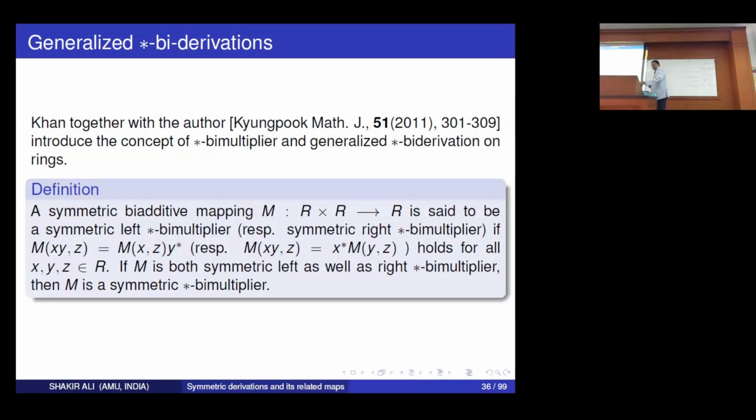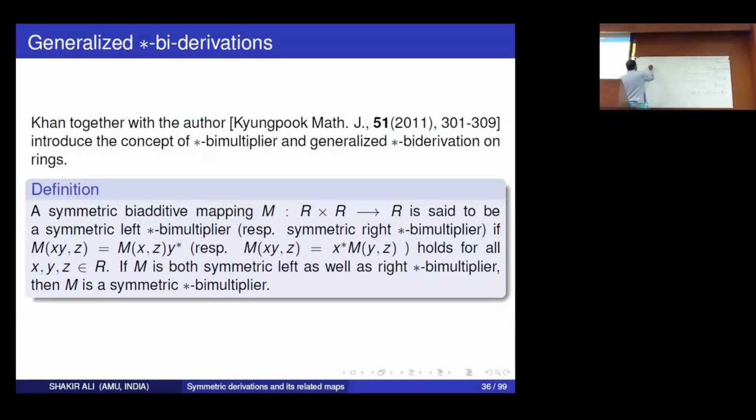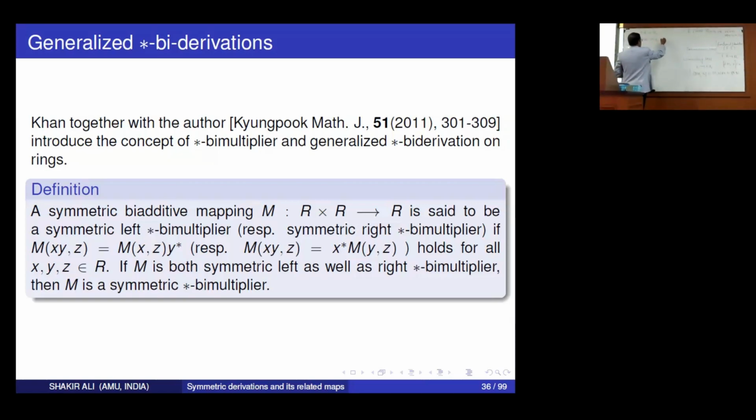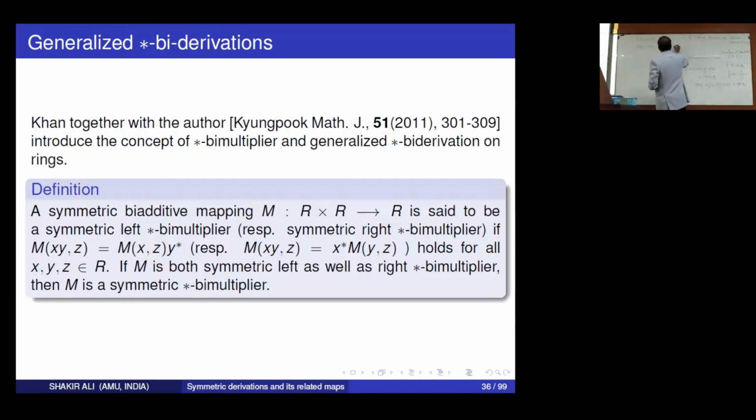So if you have a map D from R to R with this property, D(xy) = D(x)y for x, y belonging to R, this notion is known in the literature as left centralizers or left multipliers.